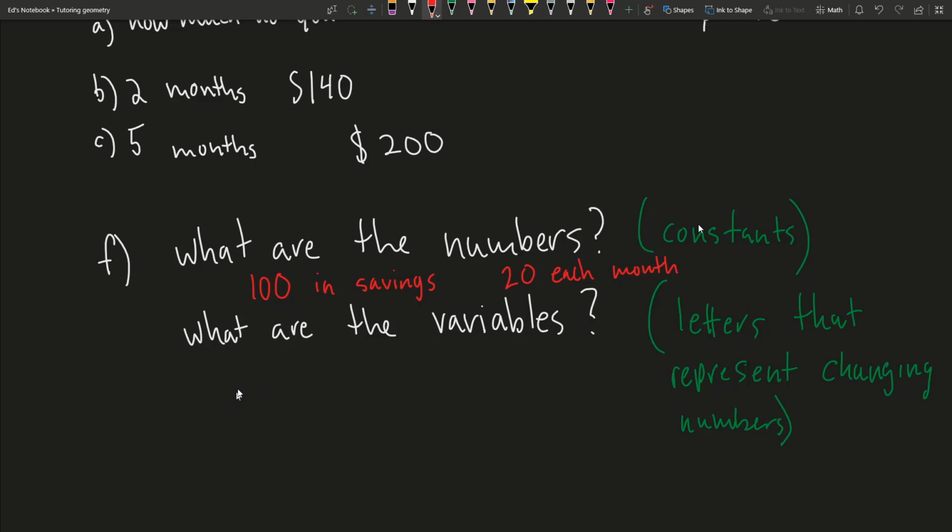The variables: what is changing? What is changing? Right? And that's going to be the months.